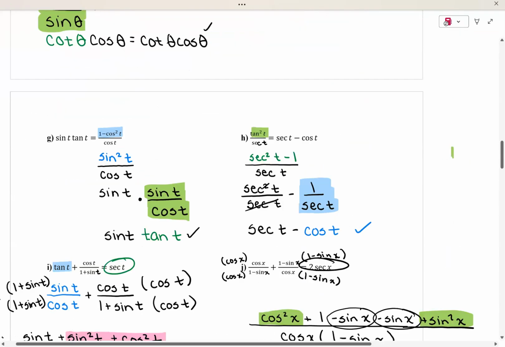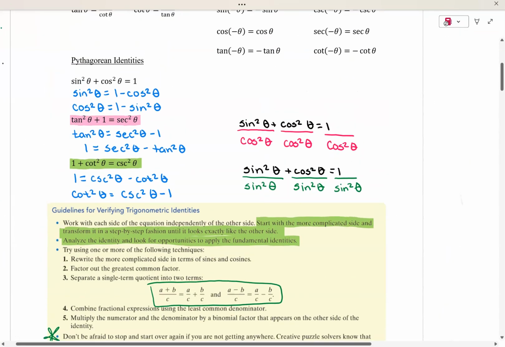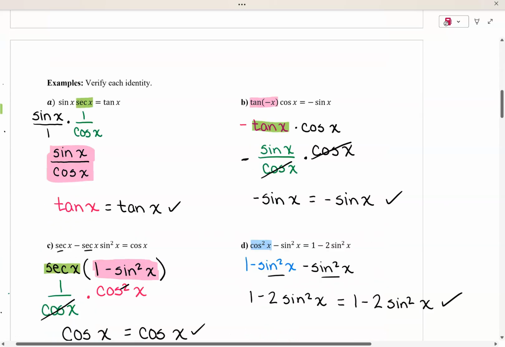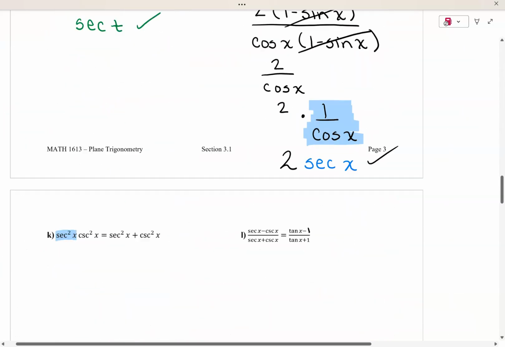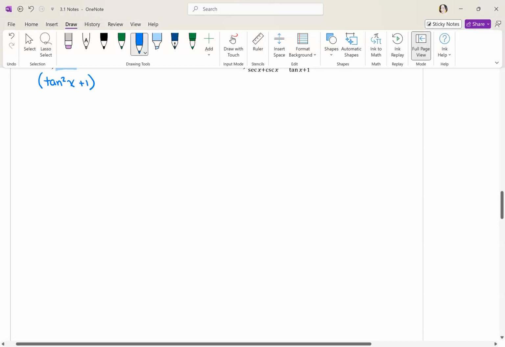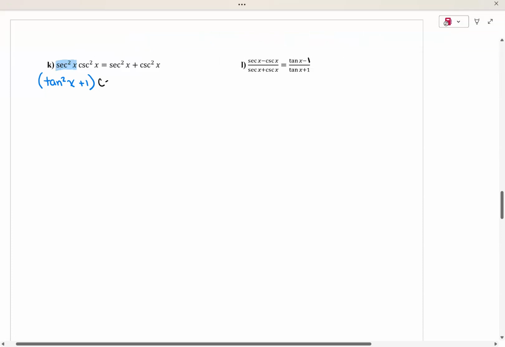If we go all the way back to that first page, secant squared is equal to tangent squared plus 1. Because I don't want to change the other one, but because we have to have a plus sign somehow. So I'm going to just try to change one first. So let's see what we get here.